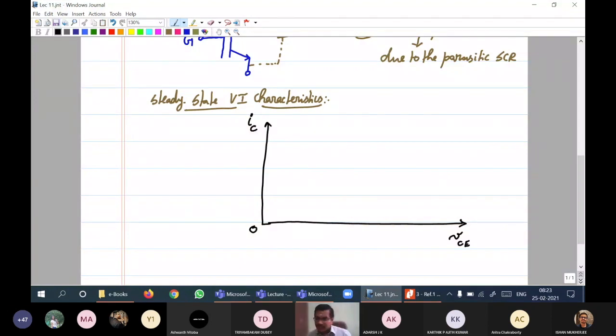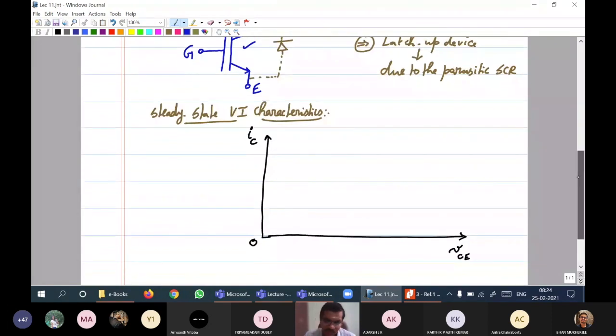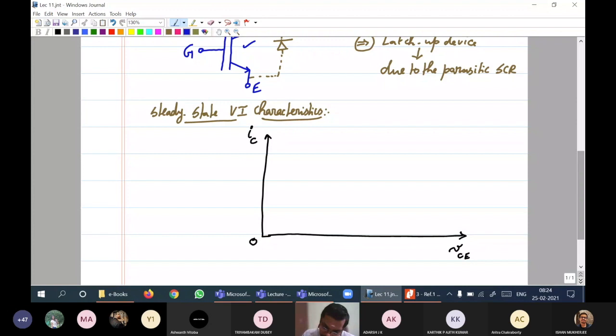IC versus VCE for various values of VGE, gate emitter. Here I think I haven't marked the emitter. I will name the emitter terminal here. This is the emitter terminal: gate, collector, emitter. Fine. Now the characteristics are like this. If you start somewhere, because of the inherent drop, there will be a voltage drop VCE on, and then it starts.